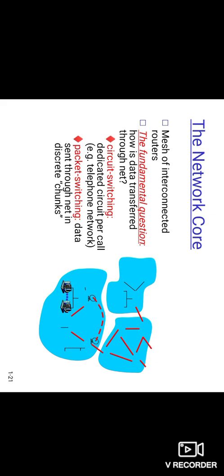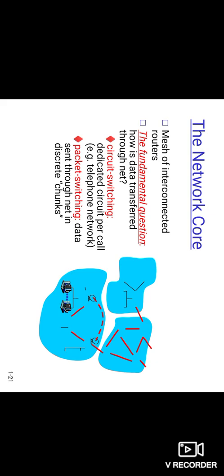Here we are using the network core, that is the mesh of routers that interconnect the internet's end systems. So how will the routers route the packets to the destination? Here we are using two methods, that is circuit switching and packet switching.